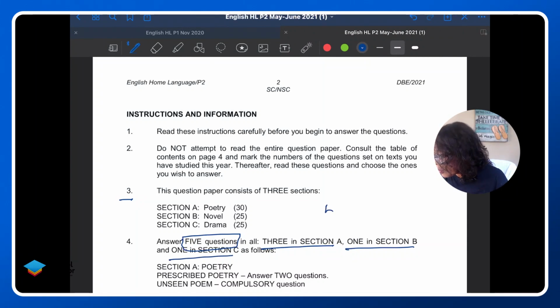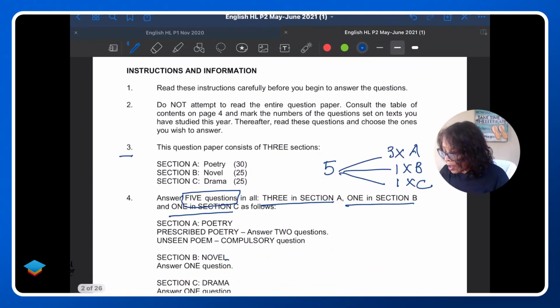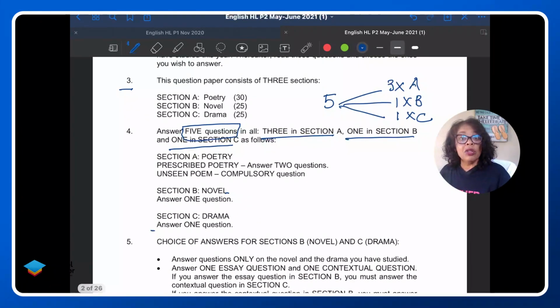So you must have 5 responses in the exam, and you must make sure that this is the case. And there must be 3 from section A, there must be 1 from section B, and 1 from section C. Okay? And then you'll see you get a lot of detail here, but it's good to know this before you go into the exam room.